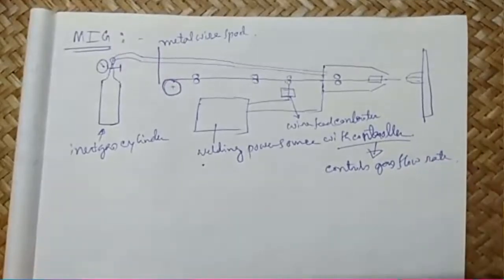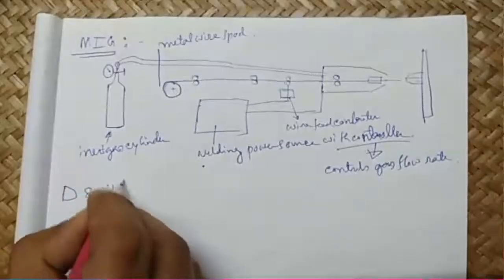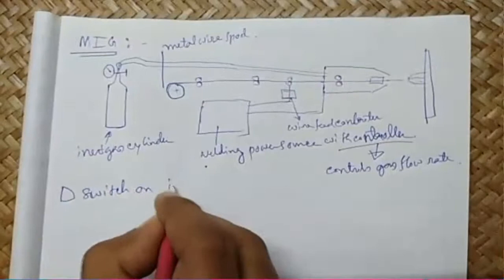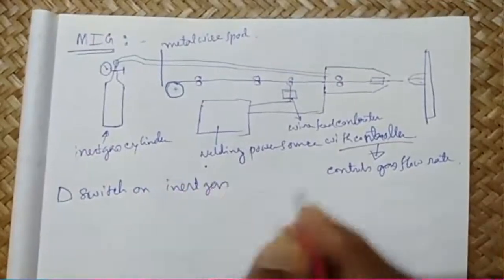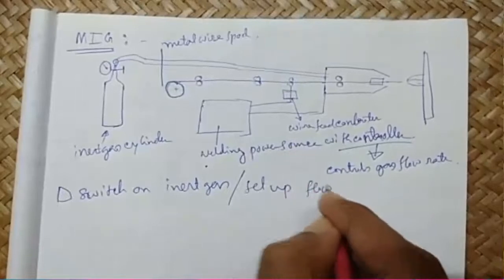Okay, so what happens here is the controller controls everything, and before you go for welding you have to switch on the inert gas and set up the flow parameters.